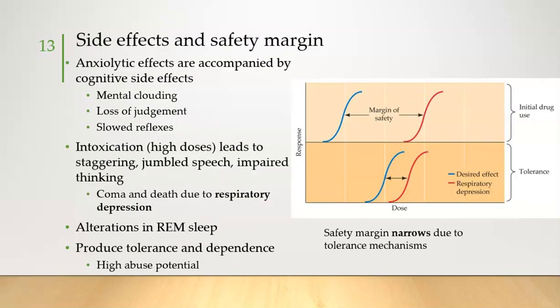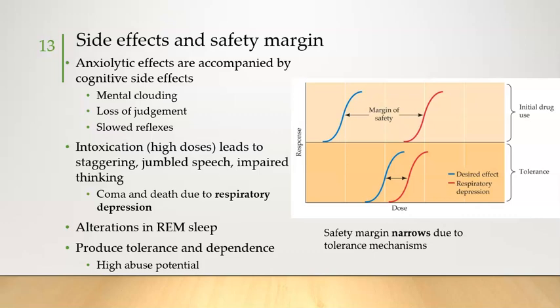What are the side effects and safety margins of these drugs? We mentioned this in the GABA lectures, but we're going to go over it again. The anxiolytic effects are accompanied by cognitive side effects, because they are not only anxiolytic, but also sedative.